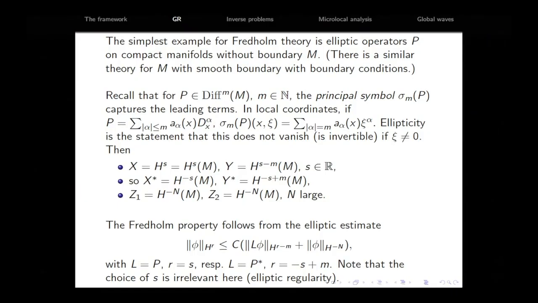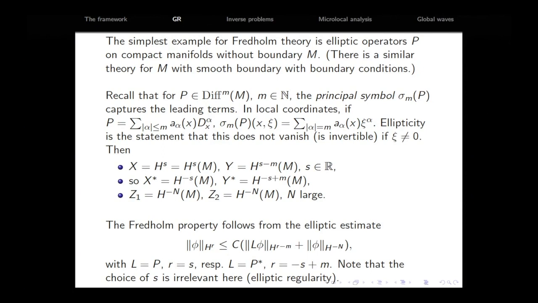So let me just remind you what ellipticity is. If P is a partial differential operator, written in local coordinates with some coefficients and some derivatives, what you do is you take the highest order terms and replace all the derivatives by the corresponding momentum, the dual variable.